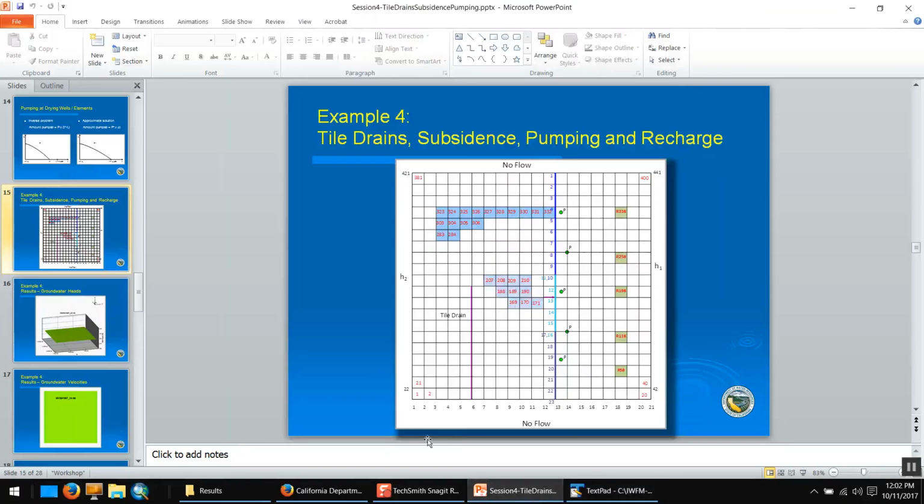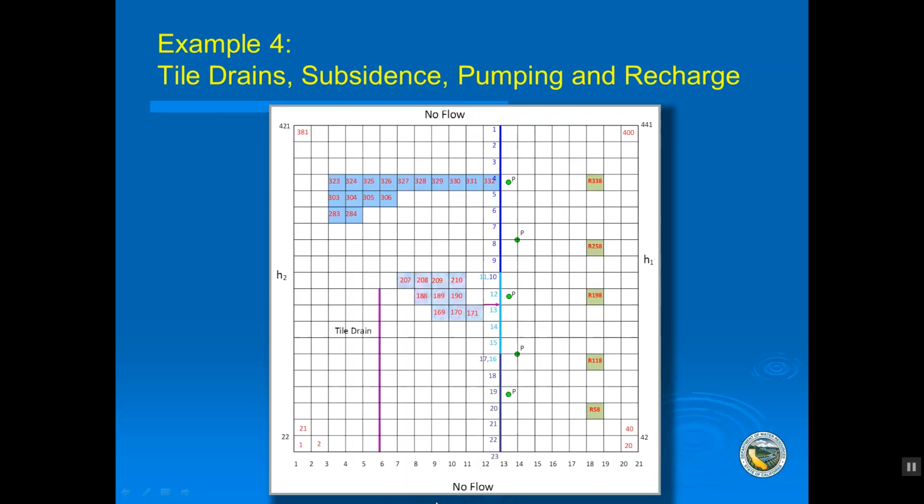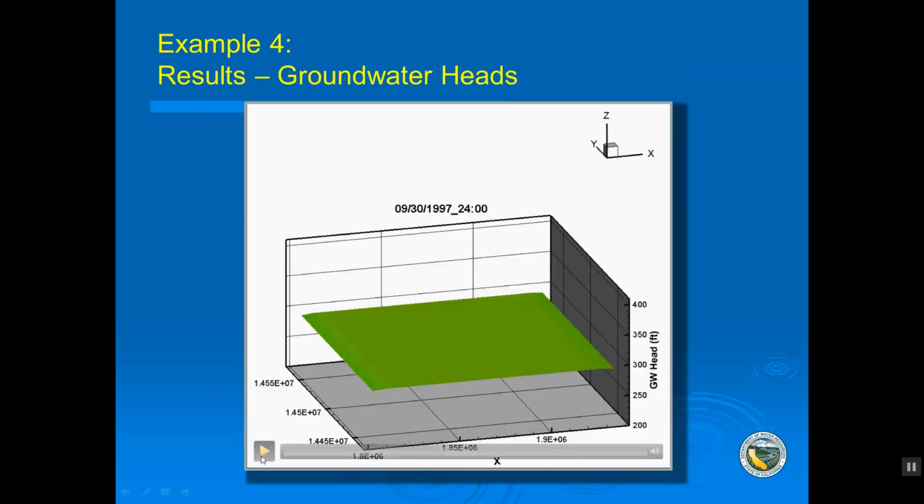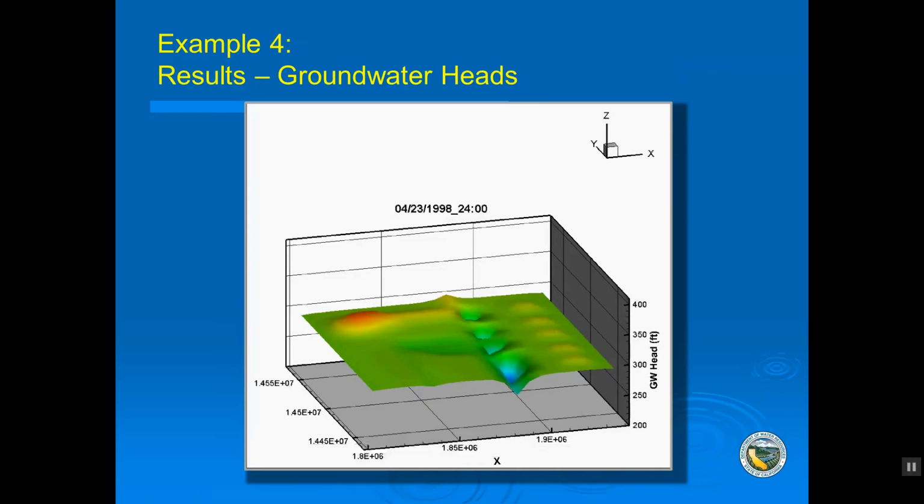Okay, now let's look at the results quickly. So this is our animation for the groundwater. These are our pumps here. These are the recharge operation going on. Our spreading basin is doing a great job building up the groundwater elevations.